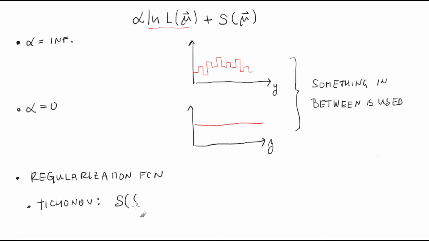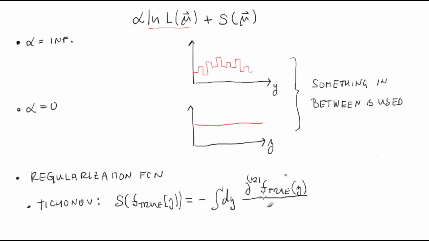S of f sub true of y is equal to minus integral over y of the kth derivative of f sub true of y, dy, to the power of k. You can see it has an additional parameter, k, whose value must be chosen. Often, k is set to 2, and the result is a constraint on the average curvature of the unfolded spectrum.